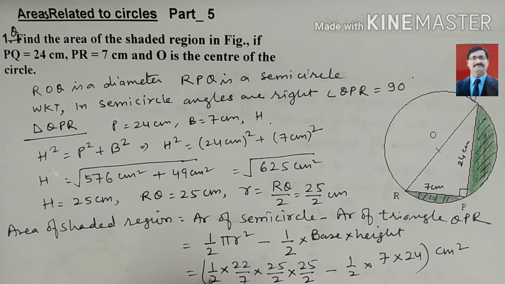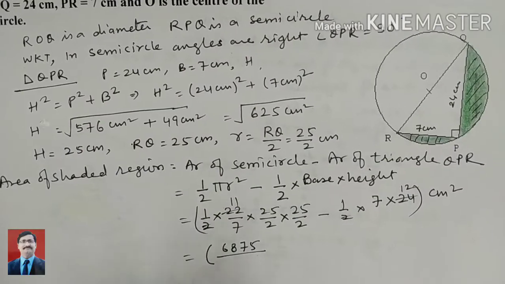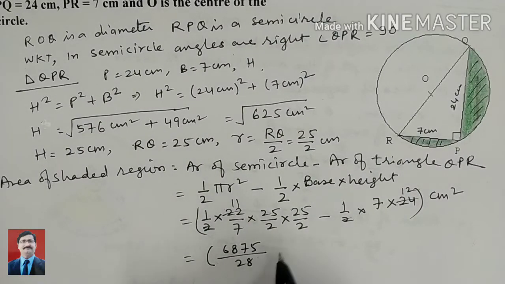Now we cancel these 2s and the 22, where 11 gives 2, and 24 cancels to give 12. Now we multiply 25 into 25, which is 625, multiplied by 11, we get 6875, and 2 times 4 is 8, 7 times 4 is 28, so we have 28 in the denominator, and 12 times 7 is 84.